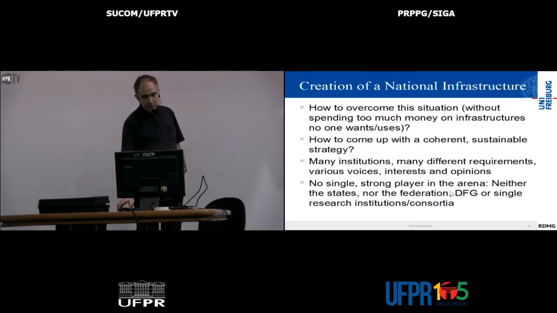From the German point of view, I would say, except for a few small corners, there is no single strong player. Not our states, we have 16, not the federal government, nor the funding agencies or some consortia. There's no big player telling what to do.